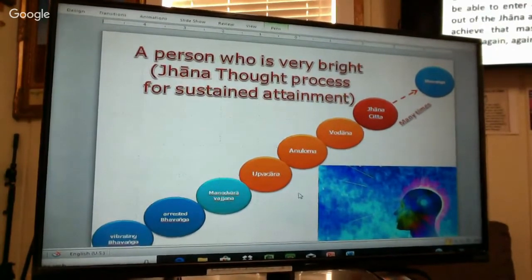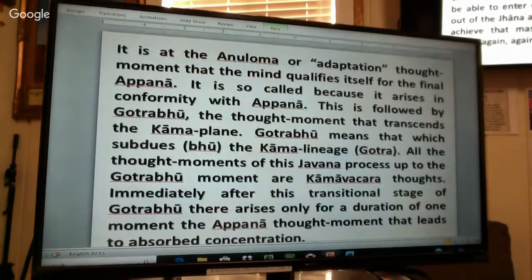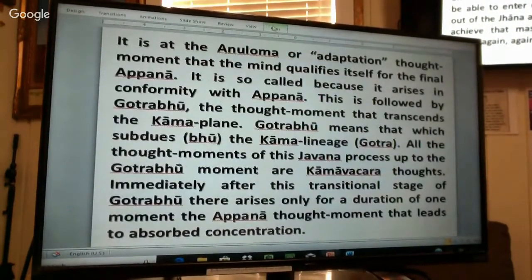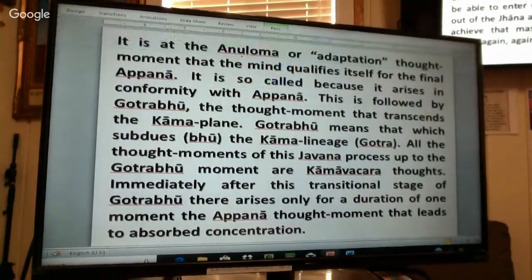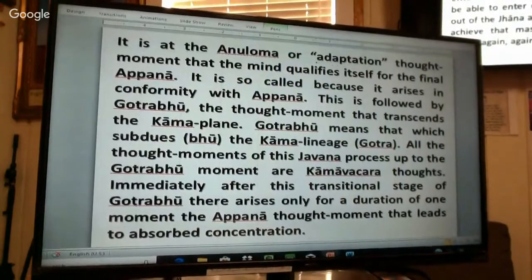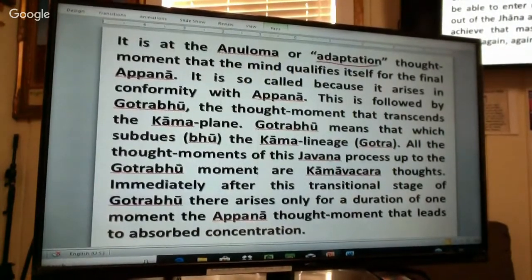And then I would like to explain a person who... Anuloma chitta, we call it adaptation, is the moment when the mind is qualified for the final absorption stage.